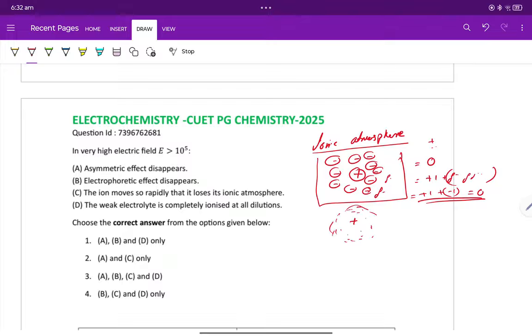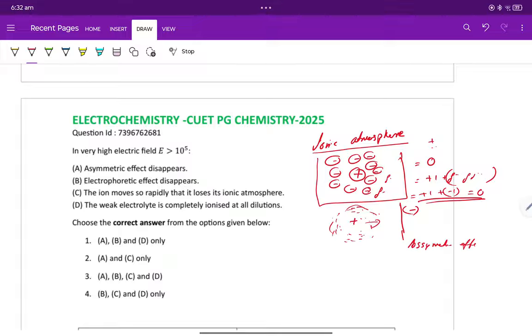All these negative ions will have a sphere-like arrangement. Once I keep a negative electrode here, these positive ions will start moving, and there is a time delay for the negatively charged ions to go along with the positive ion. That effect is called the asymmetric effect.